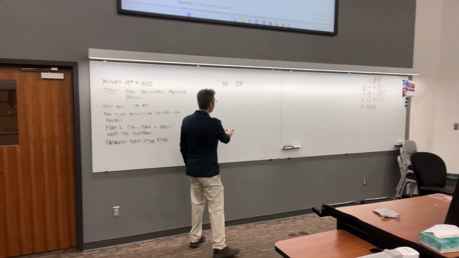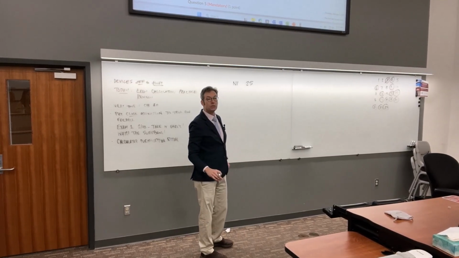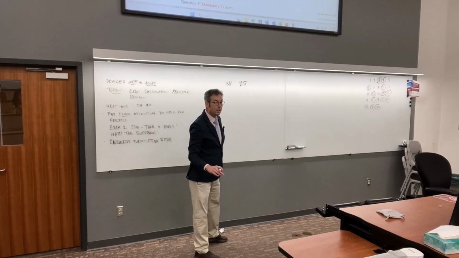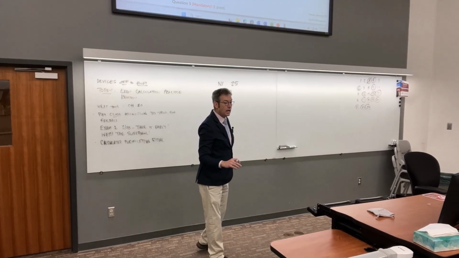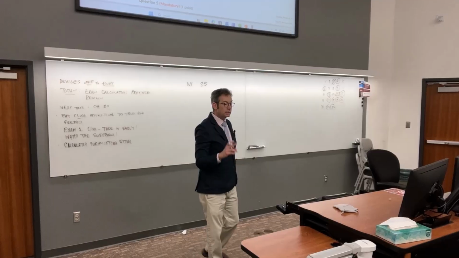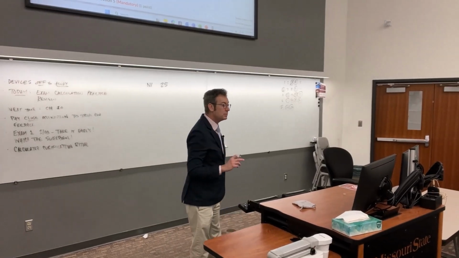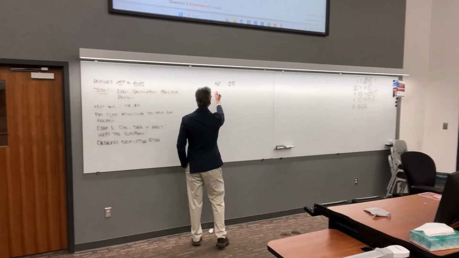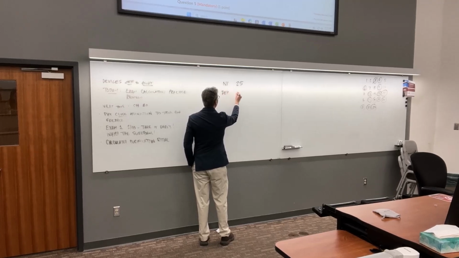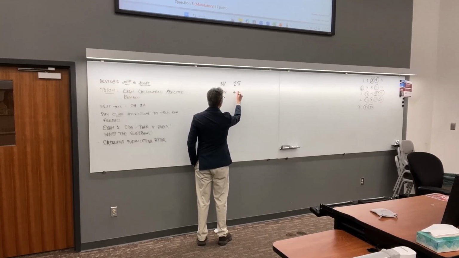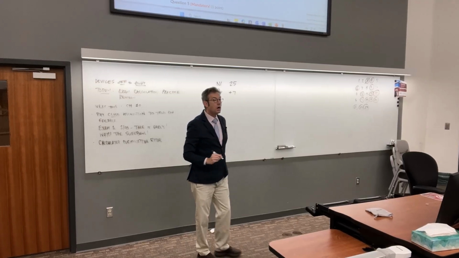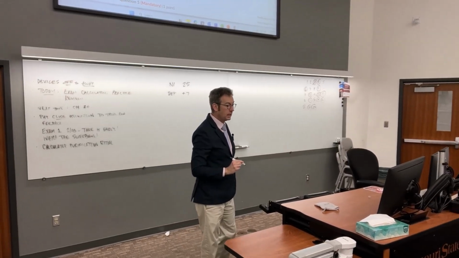In fact, that's where we're headed down here. The end is going to be that 21. Okay, now, net income is 25 million, and depreciation expense is 7 million. What do I do with that? I've got to add it back because depreciation is a non-cash expense.